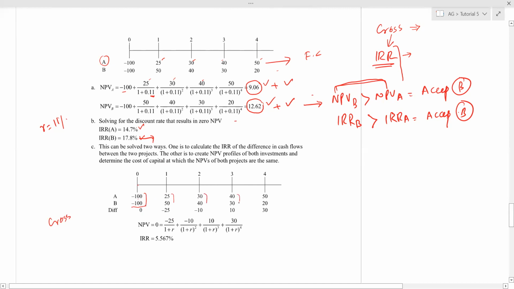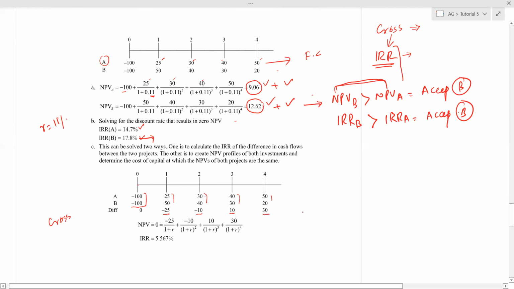Okay, you can take the difference in either direction, 50 from 25 or 25 from 50. No issues, it will not affect your answer. So answer is negative 25. Then 30 minus 40 is negative 10, 40 minus 30 is 10, and 50 minus 20 is 30.